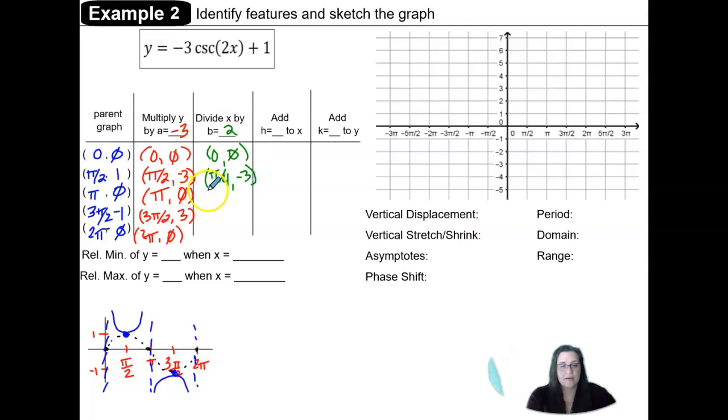Okay, then pi divided by 2 is pi over 2, and that's undefined. 3 pi over 2 divided by 2 is going to be 3 pi over 4.